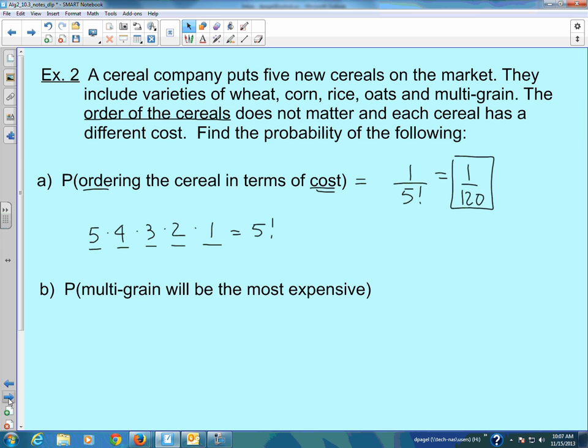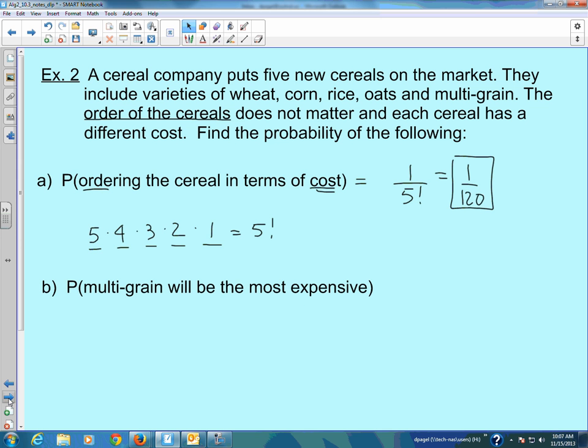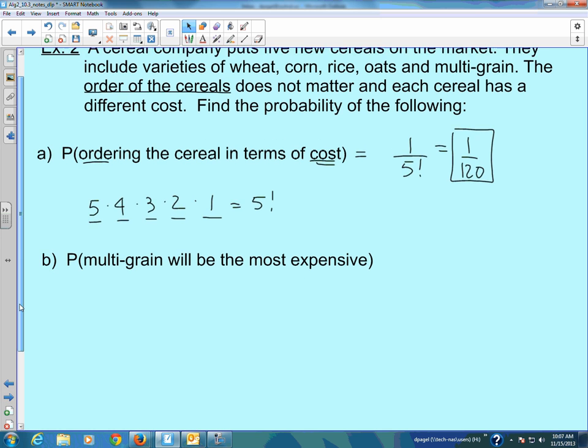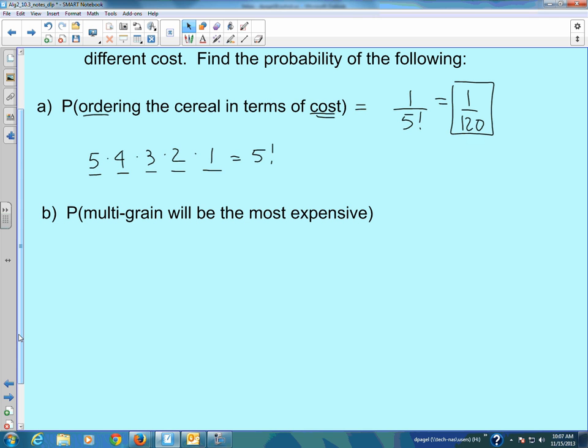All right, what's the probability that I just happen to have multigrain as the most expensive? Again, the number of most expensive cereals, there's only one of those, over the total number of cereals.